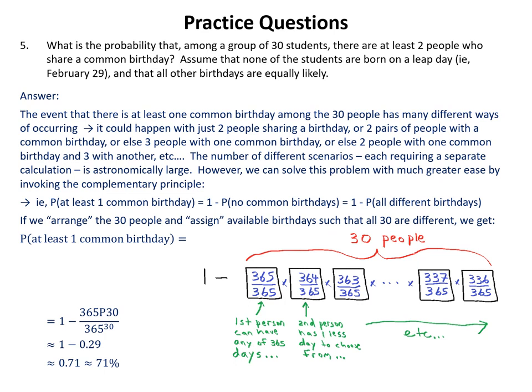So what we're trying to do is look for a key principle or idea that will allow us to solve this problem much more elegantly. And it turns out that we can invoke the complementary principle again, as we've done previously. In other words, the key idea here is that at least one common birthday among the group is simply the opposite of there being no common birthdays.